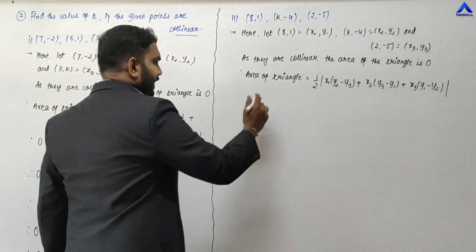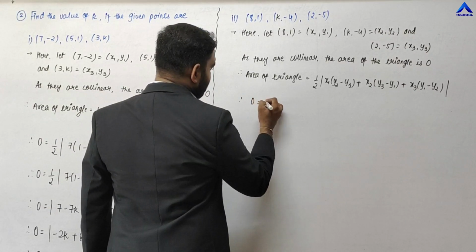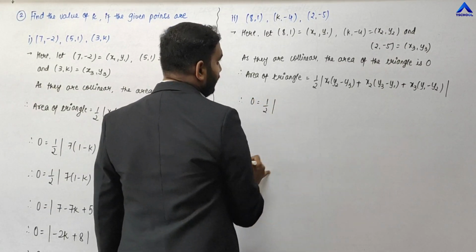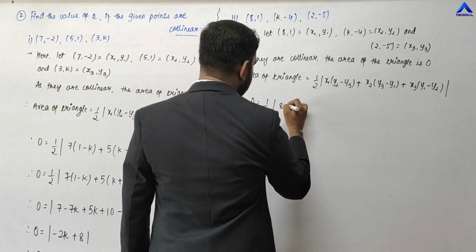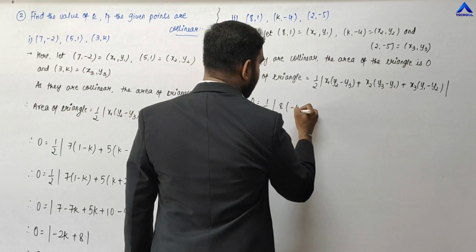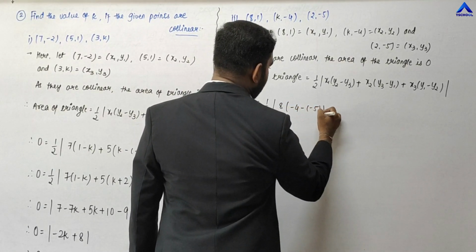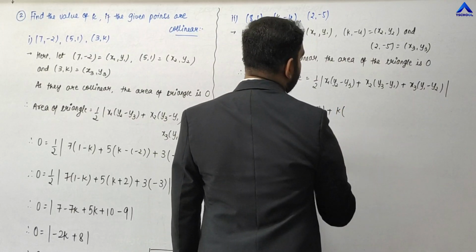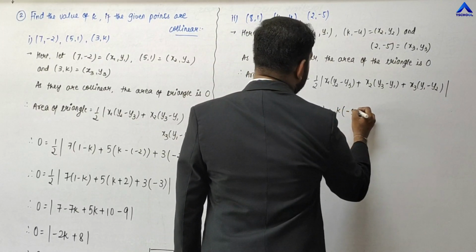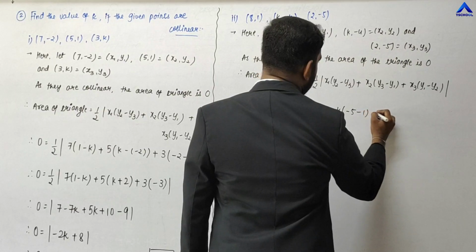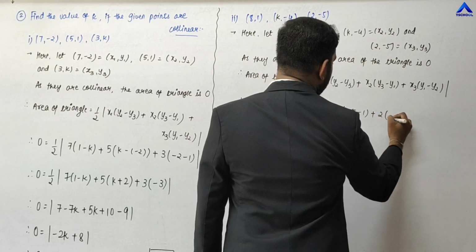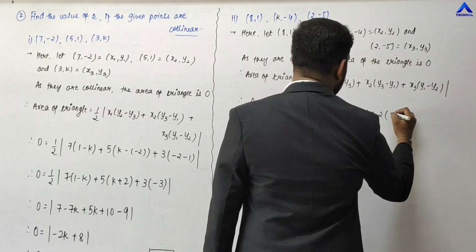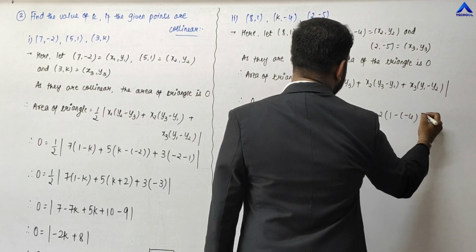Applying the values and area equals to 0, therefore 0 equals half modulus 8 into minus 4 minus minus 5 plus k into minus 5 minus 1 plus 2 into 1 minus 4.